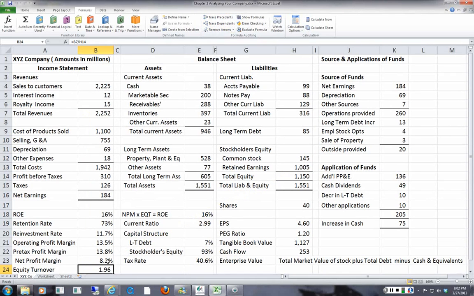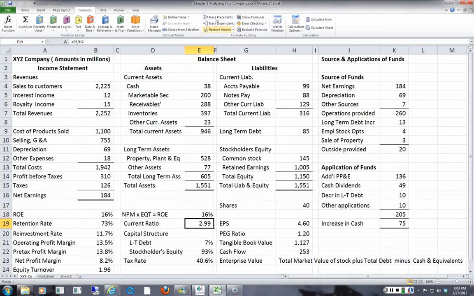From that, we're going to multiply that net profit margin of 8.2% times that 1.96, and we're going to come up with the return on equity, which is shown in this NPM, net profit margin, times the EQT, which is the equity turnover, equals the ROE. And you can see that here. You multiply those 8.2% times the 1.96, and you get 16%. And if you think about it, that's exactly how we'll come up with ROE.